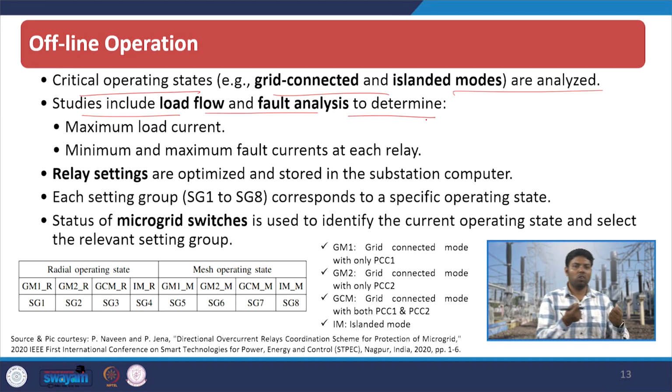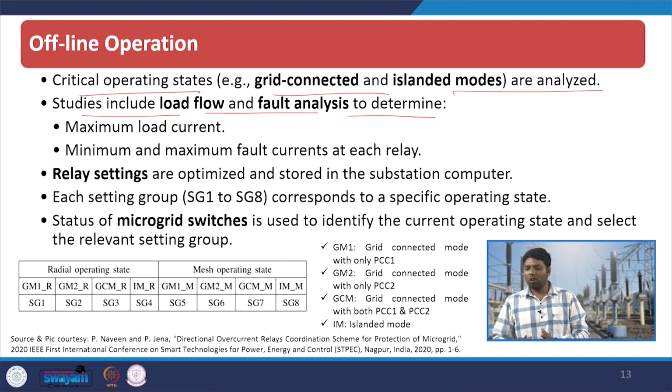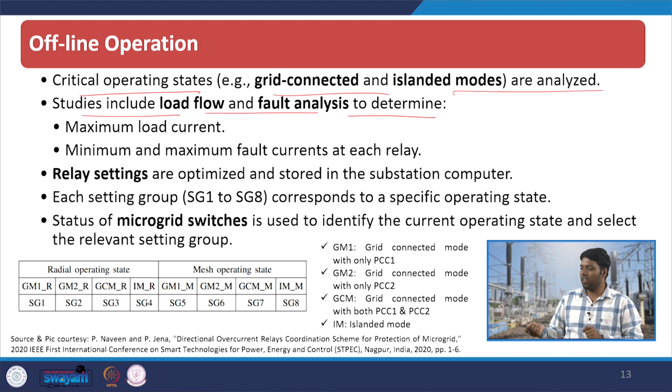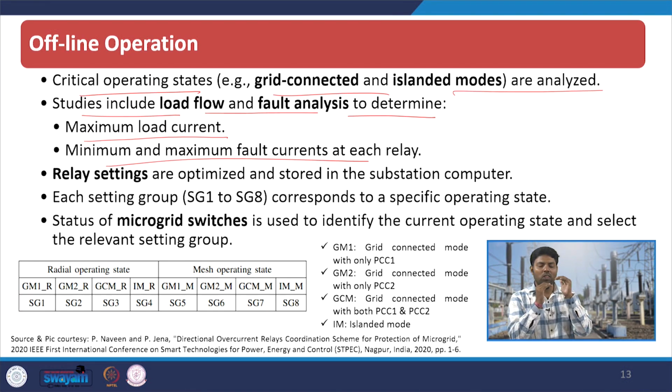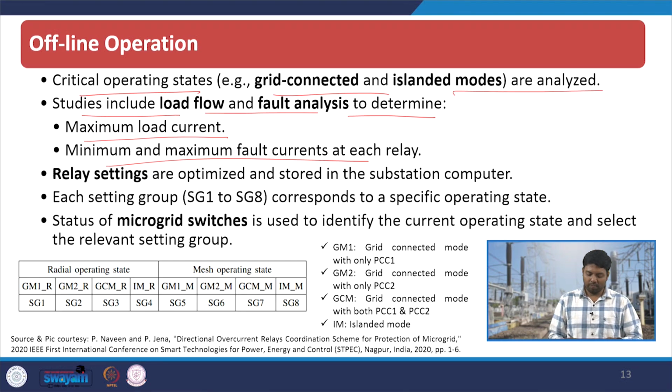You do your load analysis, that will give you the loading current value, and then you do the fault calculation and you will get the fault current value. Depending upon the maximum load current and the minimum and maximum fault current, you do your relay setting, because the relay current setting should be more than the maximum loading but lesser than your minimum fault current. This is how we fine tune the threshold value setting of the overcurrent relays.